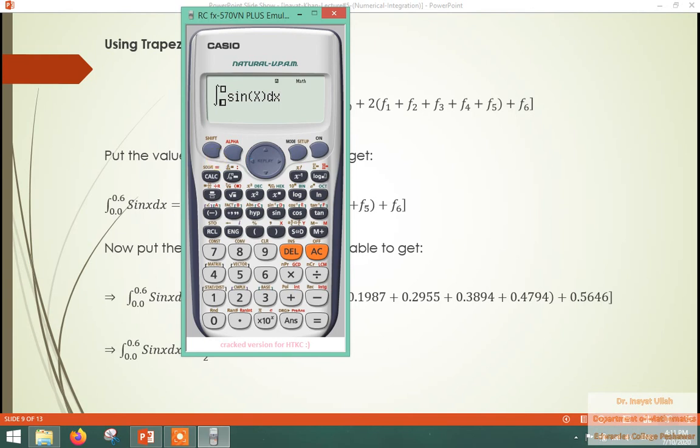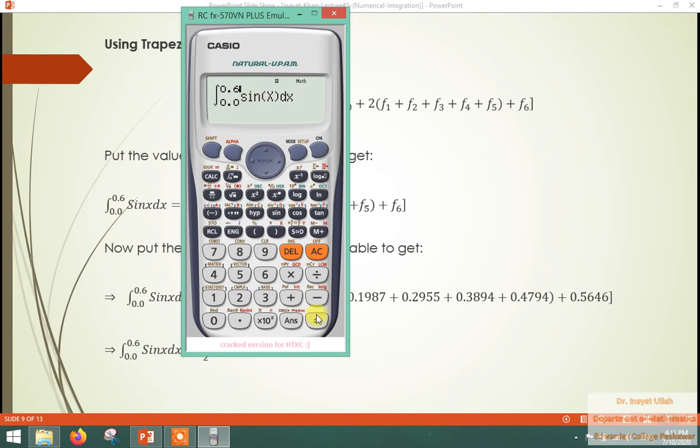Now come here, you need to press upper and lower limits. Lower limit is 0.0, so write there 0.0, and the upper limit is 0.6, so write there 0.6. So we have entered this integral in the calculator.